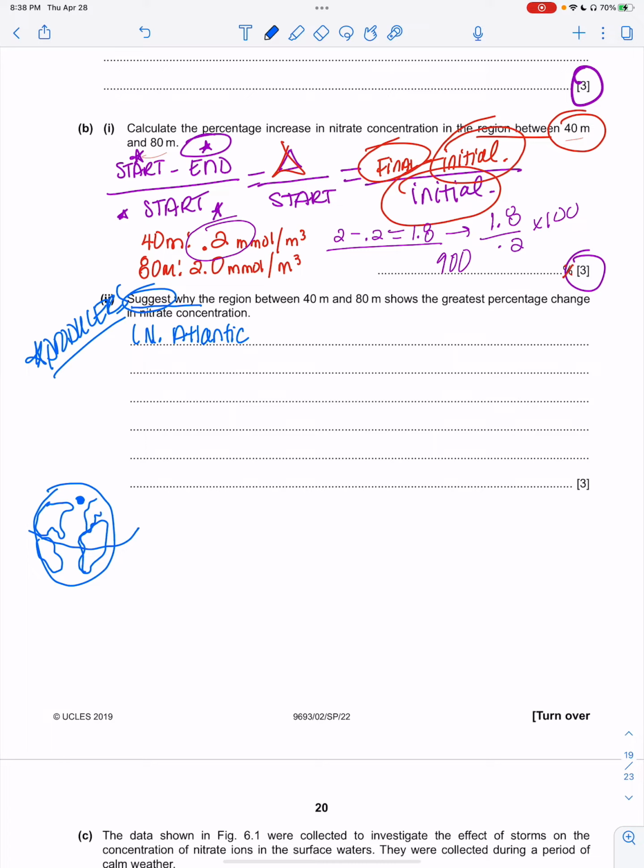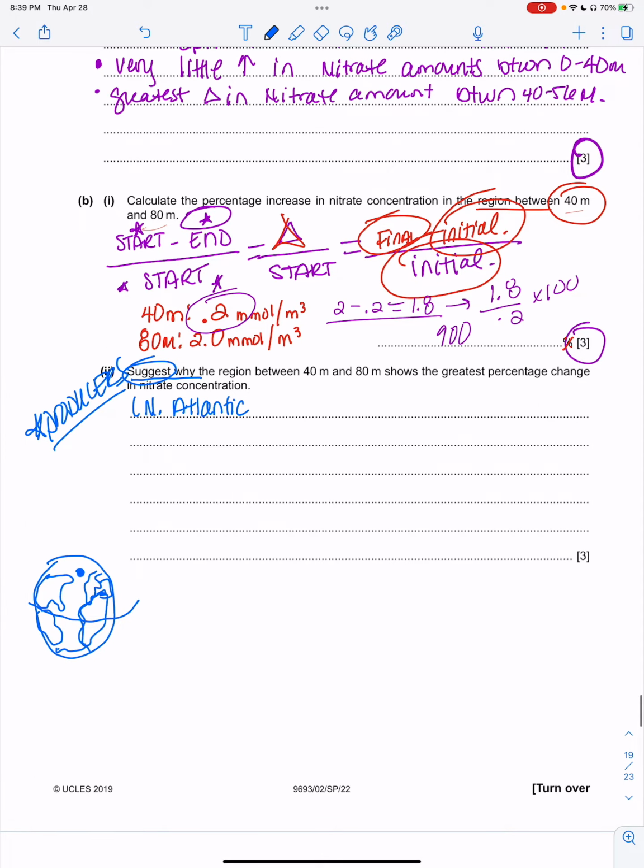I have friends in Europe, right next to Africa, apparently. Fabulous. This is embarrassing, but I don't care. So North Atlantic. The sunlight is not going to be as strong. Low light penetration. I'm putting that there because it's the North Atlantic.